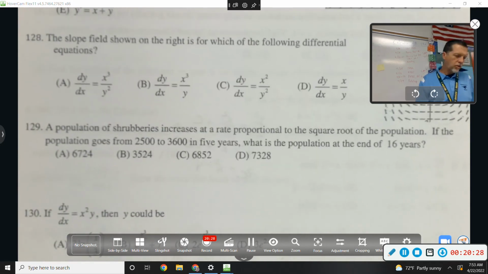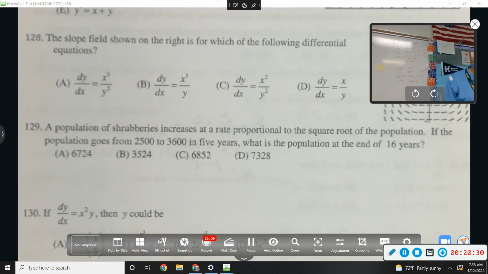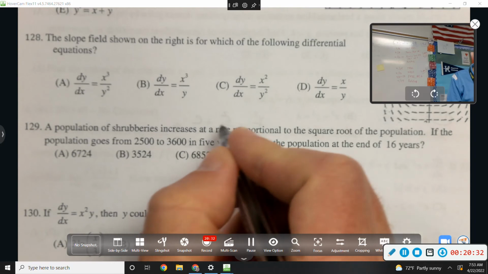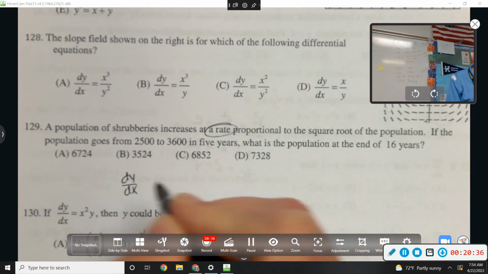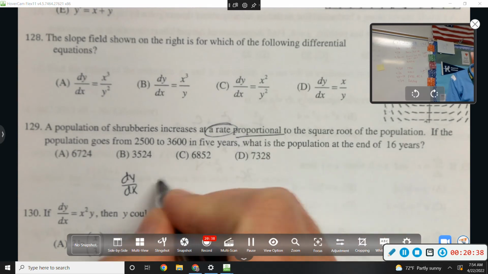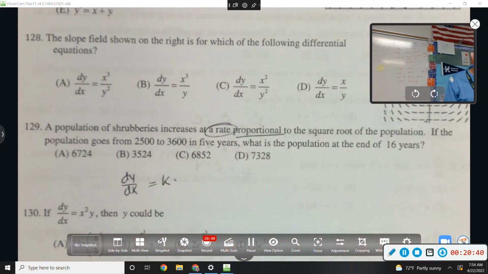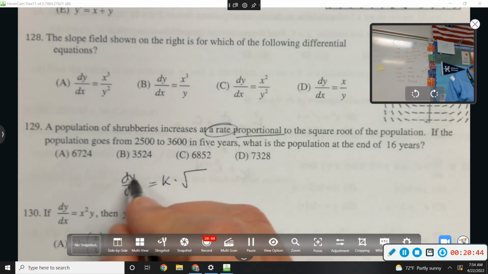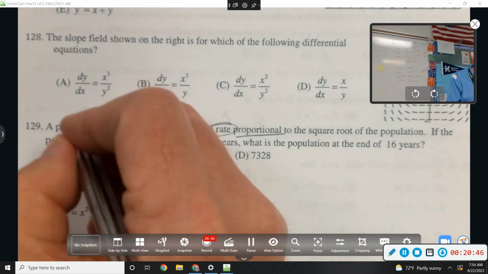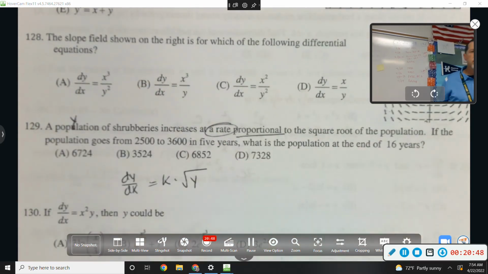A population of shrubberies increases at a rate, so dy dx, proportional, k times the square root of the population. Well, the population is, I'm saying y, so something like that.